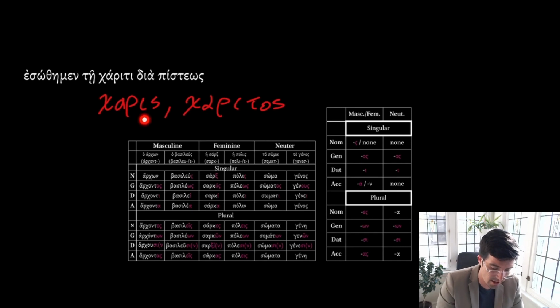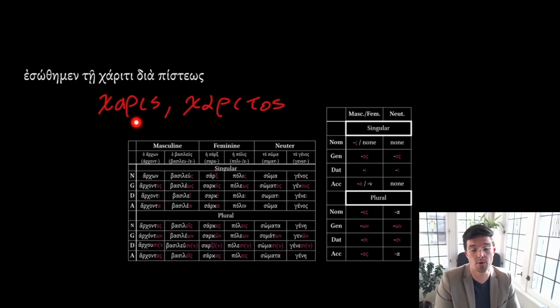So this is our irregular nominative form or less regular nominative form. And the genitive form is going to give us our root, charit. We take off the os to get the genitive root, charit, and then we can stick on that iota to give us the dative form here. So we have a dative feminine singular.